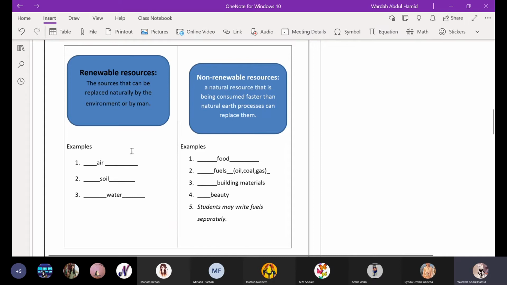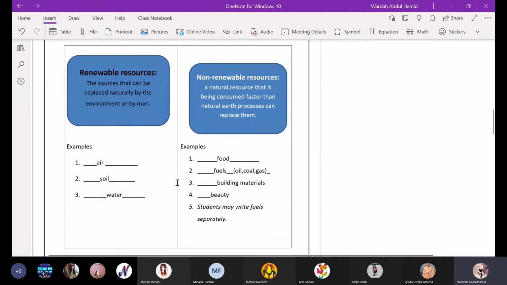Growing more plants again and again, that is a renewable resource. Air is a renewable resource, soil and water, all of these are renewable resources. We can renew them again and again. But non-renewable resources are fuels, all types of fuels: oil, coal, gas, and building materials. Any other answers?